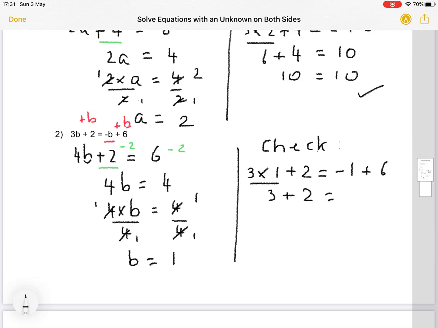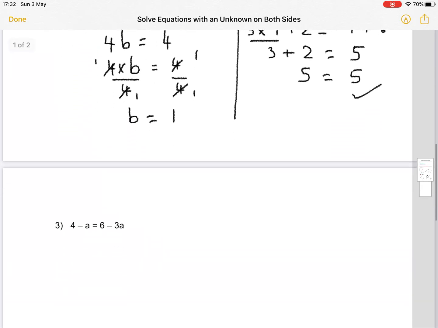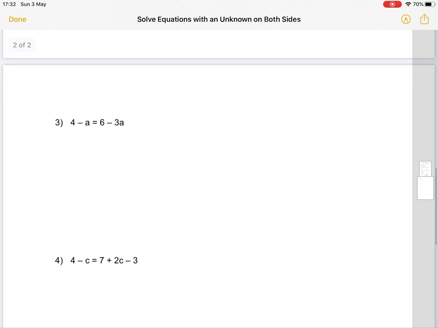Now, on the other side, negative 1 plus 6, I owe €1, but I have 6 in my pocket. I give that €1 back. I still have €5 in my pocket, so it's plus 5 or 5. On the left-hand side, 3 plus 2 is 5. So since the left-hand side is equal to the right-hand side, my answer is correct. So that is example 2.